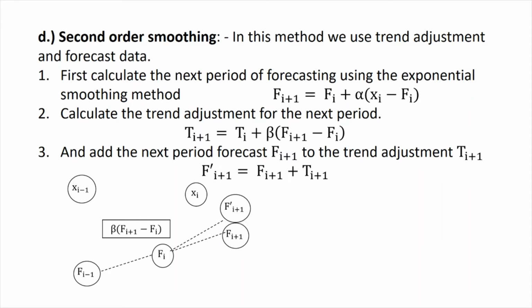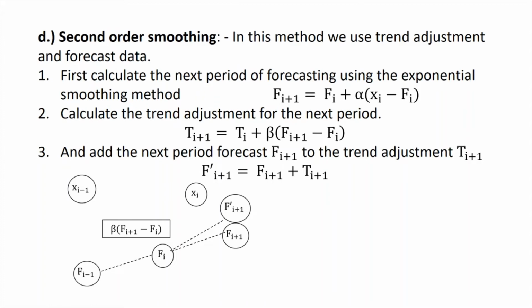Second, we calculate the trend adjustment for the next period using this formula, and here beta is the second order smoothing factor. And third, add both values F_(i+1) and T_(i+1), and we will find a new forecast value F'_(i+1).